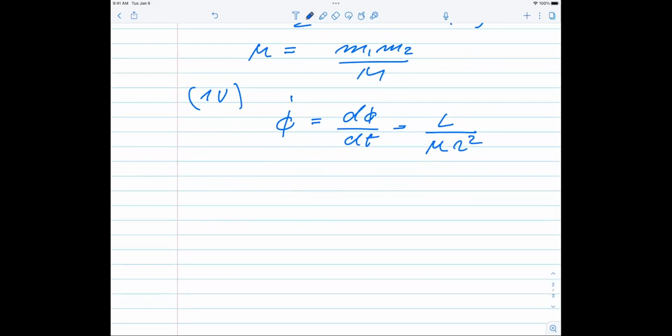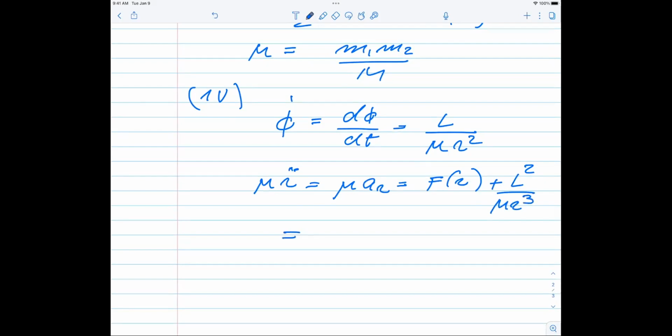But the differential equation which we ended up with for the radial degrees of freedom, so this is a second derivative, this is something which we can write as the radial acceleration. This was given by a force, which we have not yet specified, plus this angular momentum term, L divided by mu over r cubed.